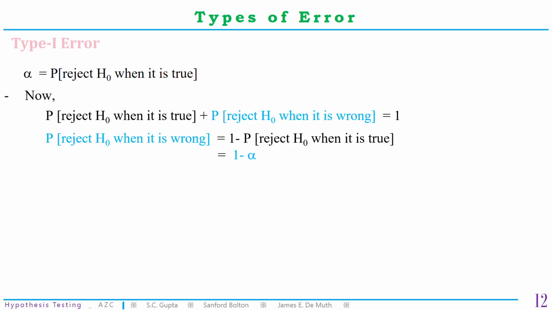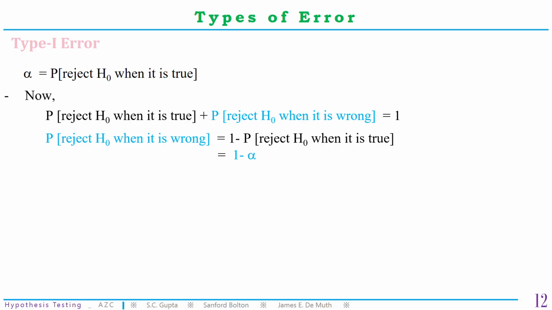Now, the probability of reject null hypothesis when it is true plus the probability of reject null hypothesis when it is wrong is equal to total probability, that is, 1.